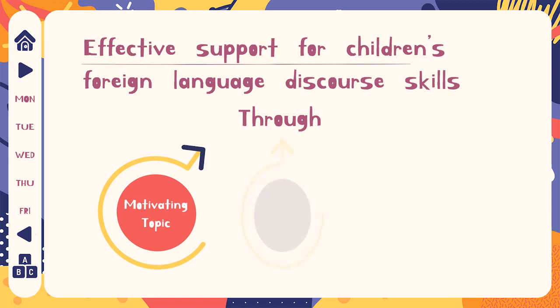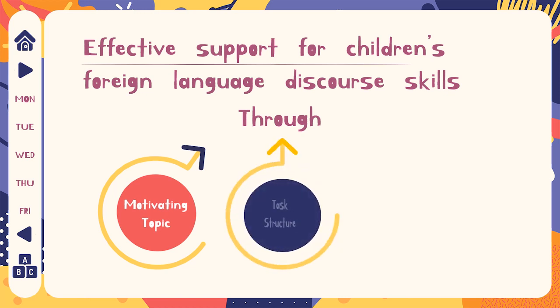The second is support through task structure. It is about skills development through the task structure, and in particular through the preparation stage. If producing a description is the core activity in our task, with goals and outcome decided on, then the preparation stage allows for preliminary work to assemble ideas, vocabulary and sentences, and to rehearse extended descriptions.